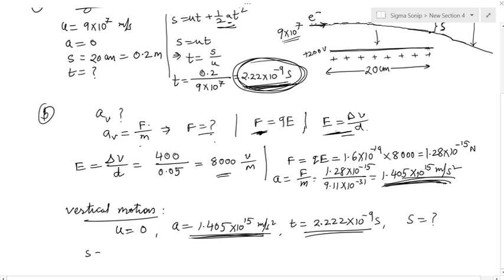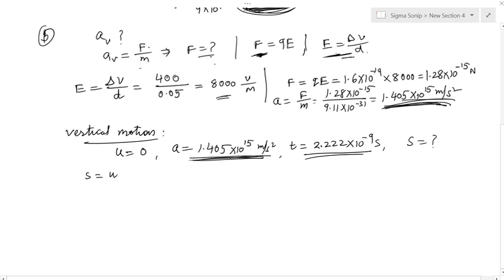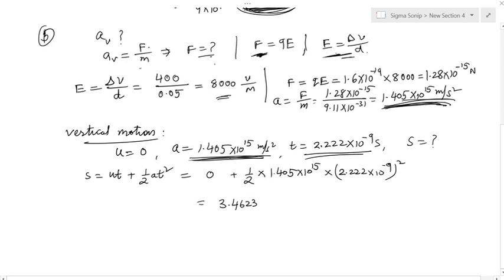So we have S equals to, we know the formula, S equals ut plus half at square. ut is 0 plus half 1.405 times 10 to the power 15 and then time square, and that gives me S equals to 3.4623 times 10 to the power minus 3 meters, and I could also write that as 3.463 millimeters.